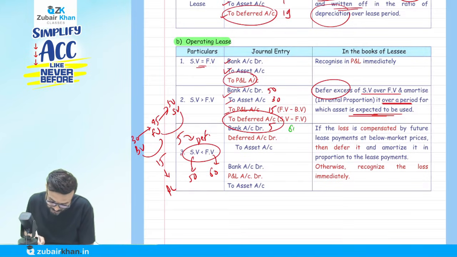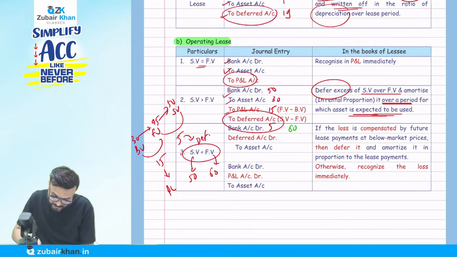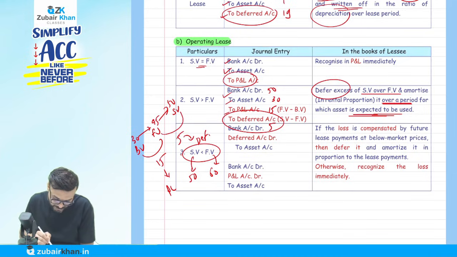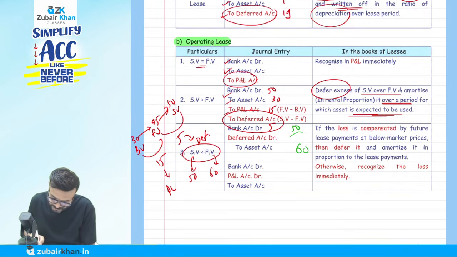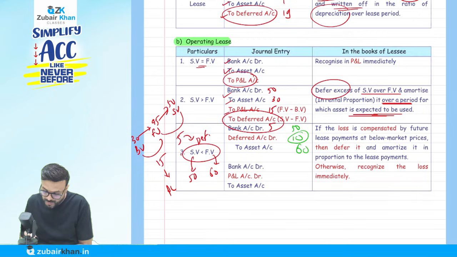Sorry, the sale value is not 60, the sale value is 50. Assets, suppose the book value is coming 60. So this 10 will be deferred here. So then the loss is compensated.